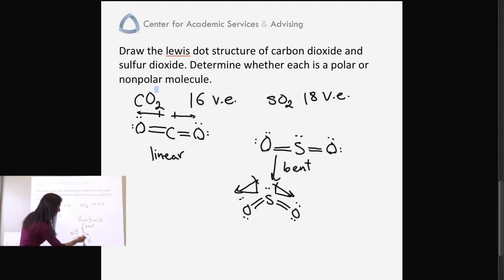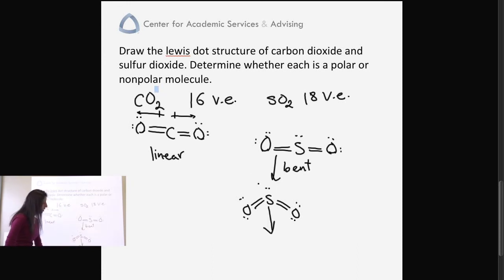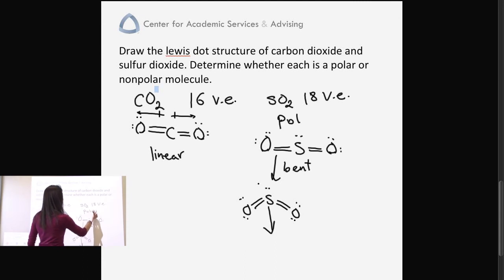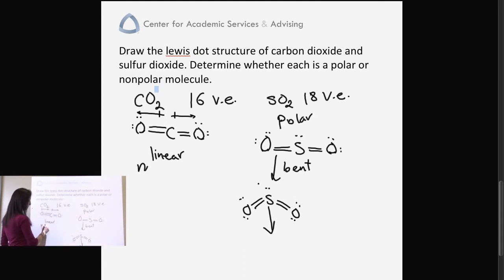So the x components are going to cancel out, but the y components are going to add up such that you have an overall dipole on this molecule that points down. So your molecule is a polar molecule. So this one is polar, and this one is nonpolar.